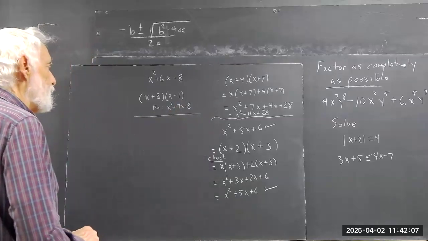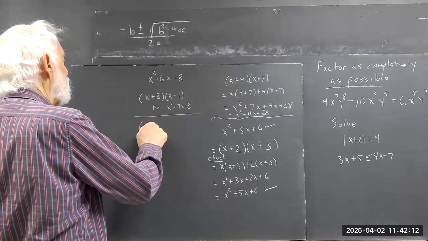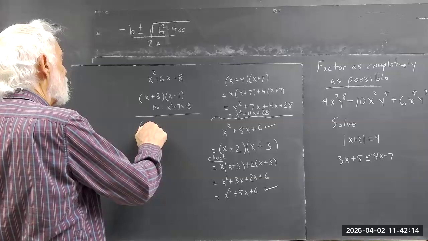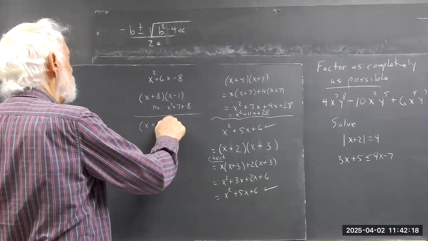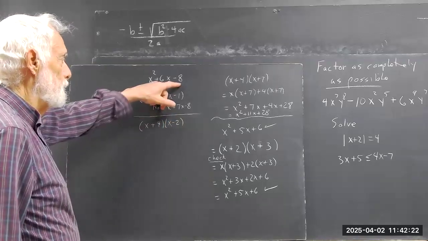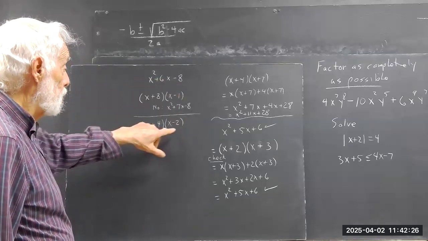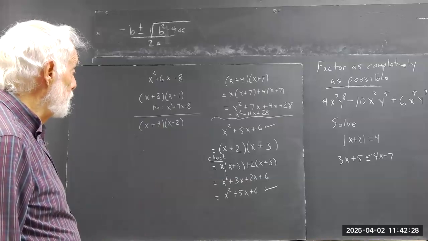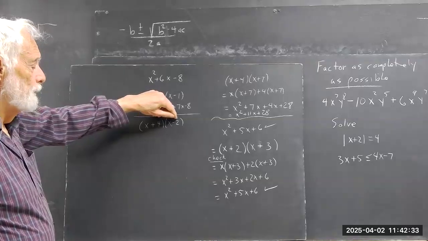Okay? Now, we could try a could be 4 times 2, right? So we could try x plus 4 times x minus 2. We wouldn't try x minus 4 times x plus 2.